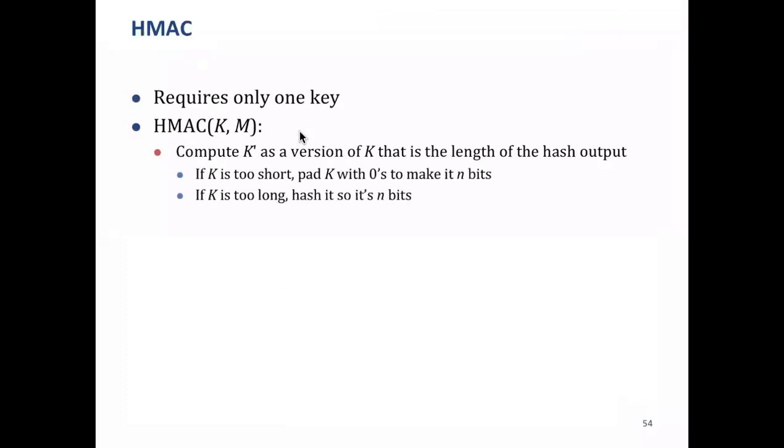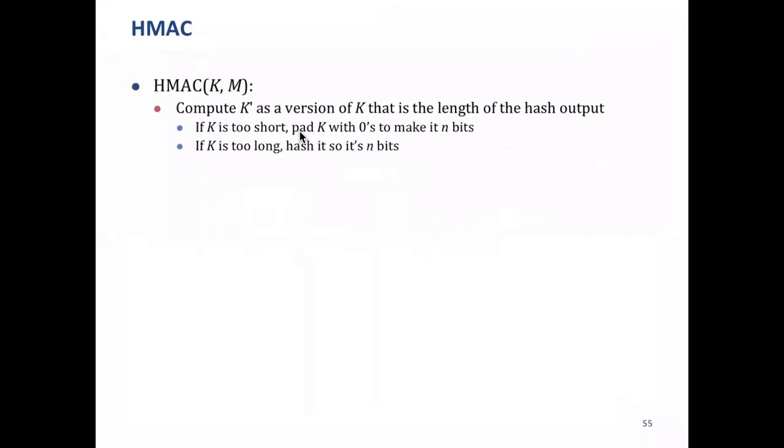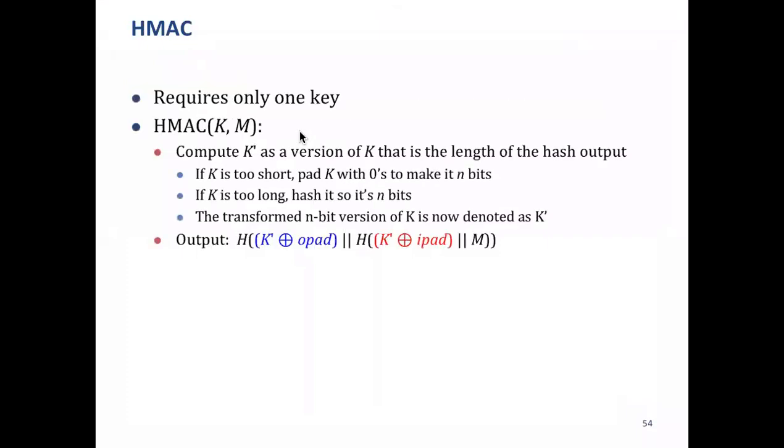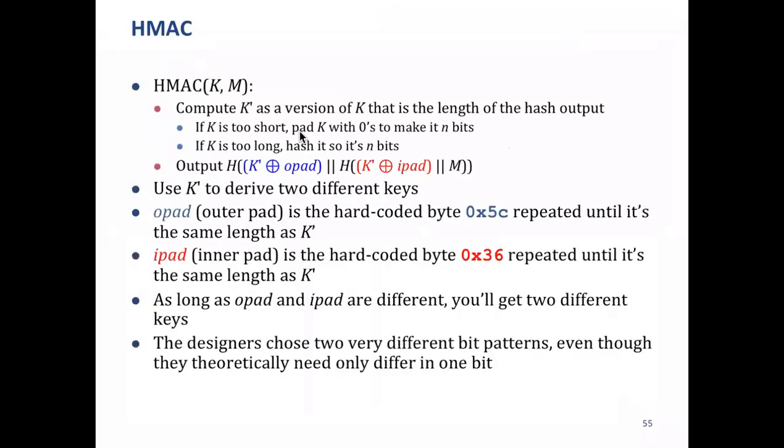Now the question is, what is IPAD and OPAD? The IPAD and OPAD are nothing but some well-defined strings. For example, OPAD or outer pad is a hard-coded byte string, hex 5C, 5C, repeated until it reaches the same length as k dash, converted of course into zeros and ones.